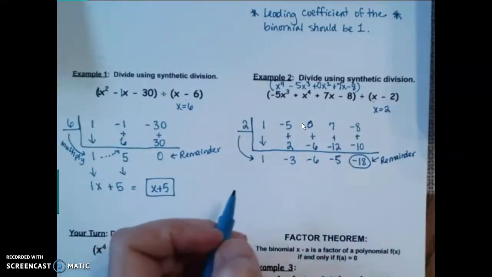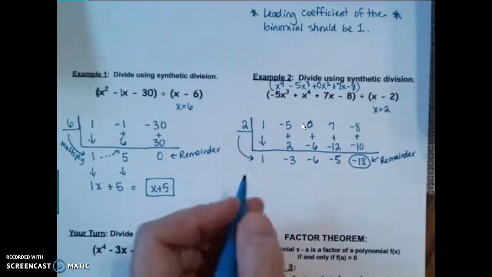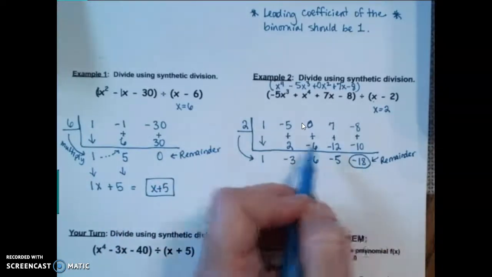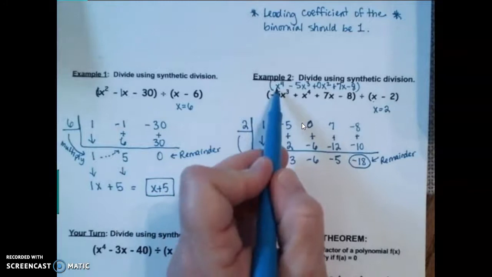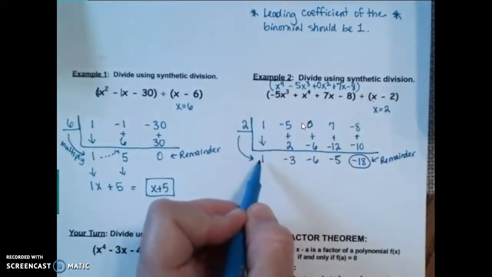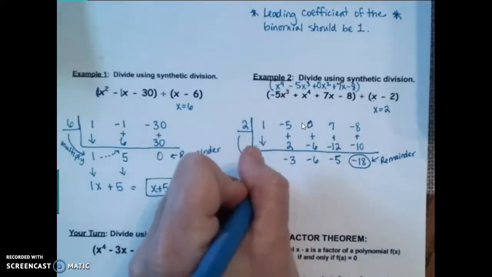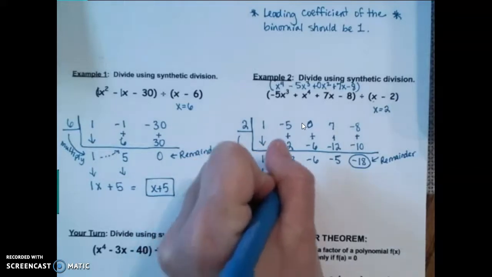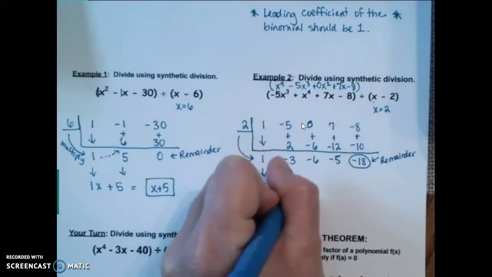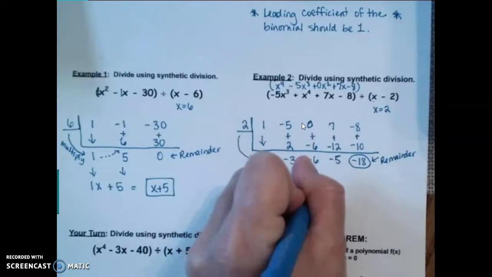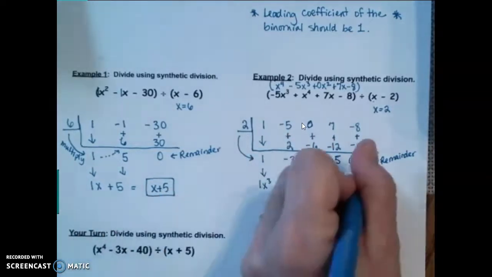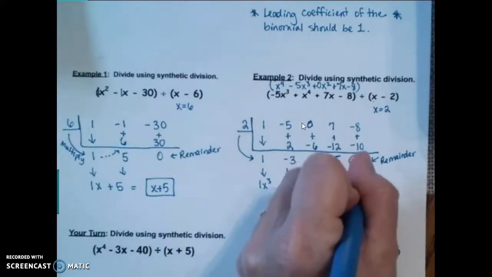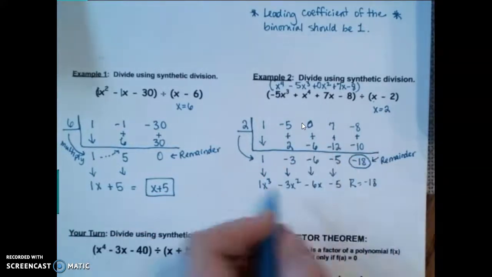So you're going to write your answer, just like we did with long division, as your remainder over your divisor. So again, we started with x to the 4th. This will always be 1 degree less. So this is going to be 1x to the 3rd minus 3x squared minus 6x minus 5 with my remainder of negative 18. So now let's write it all in order.